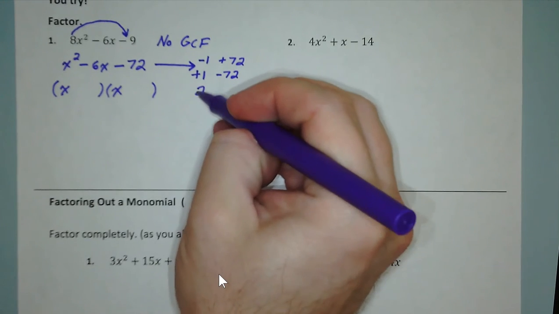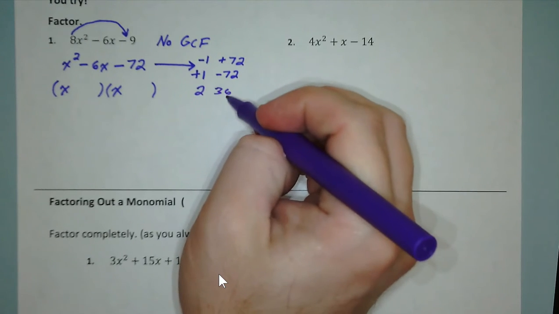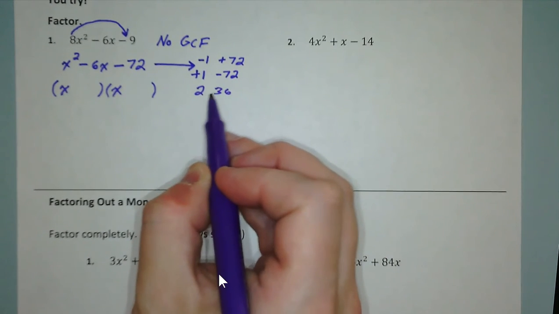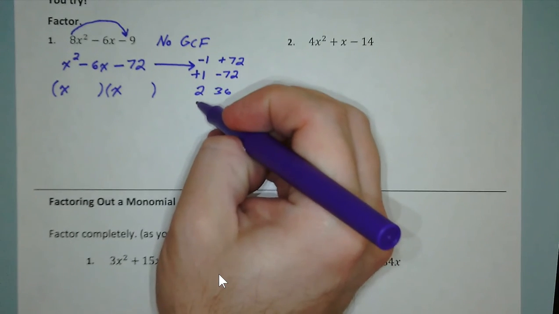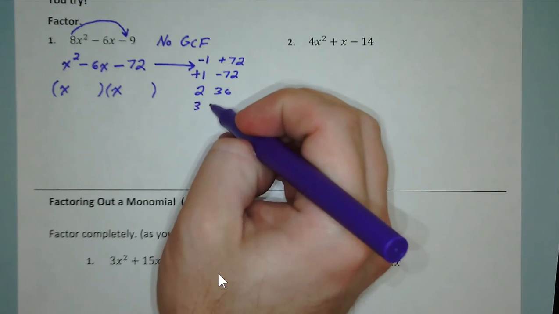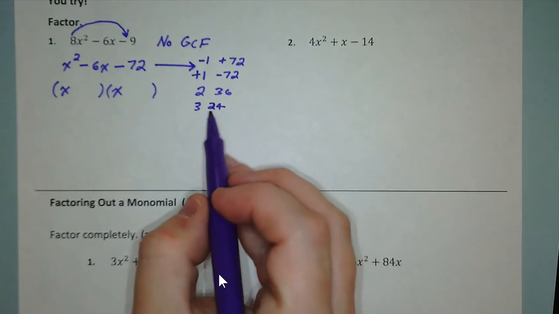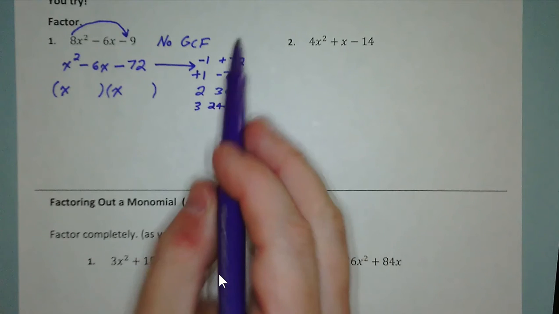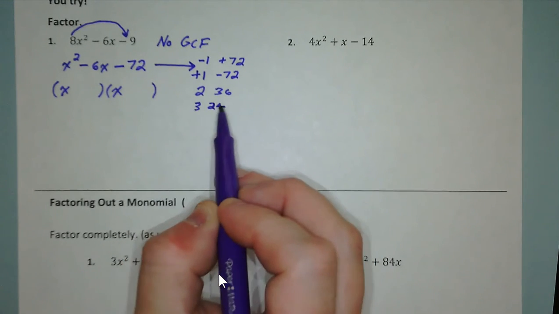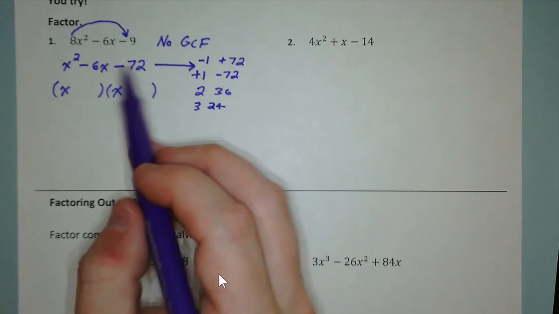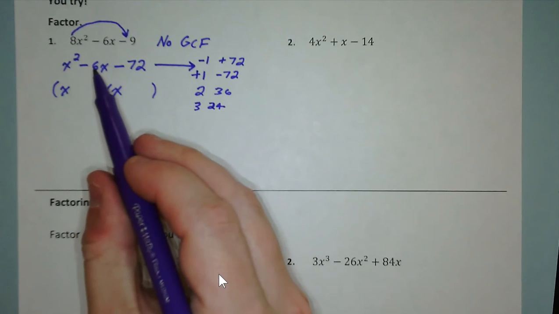So we got 2 and 36. No matter which one you make negative and which one you make positive, it's not going to get that. Gosh, 3 and something? 3 and 4. Wait a minute. 3 and 20. Again, you literally just go through all your choices, having your calculator help you out. 3 and 24. Is that going to work out? No. No matter which one's negative and which one's positive, you're not going to get -6.